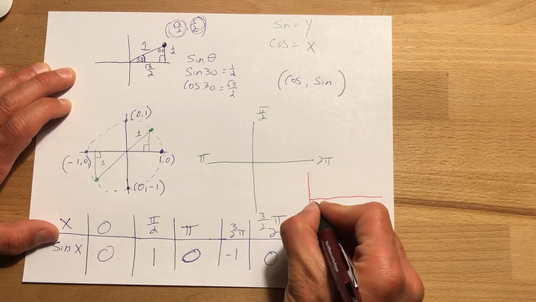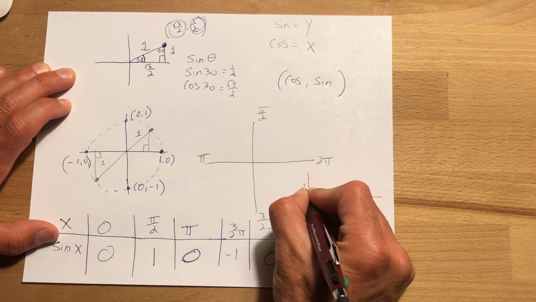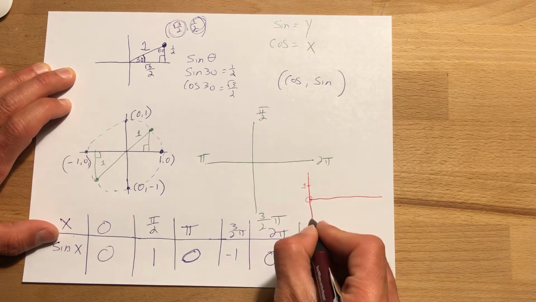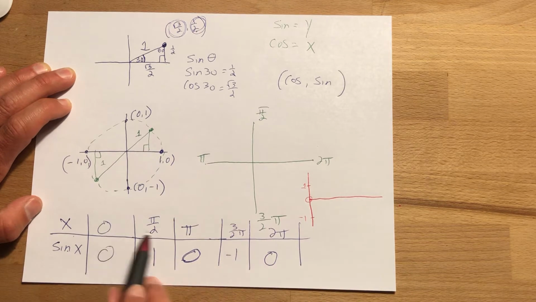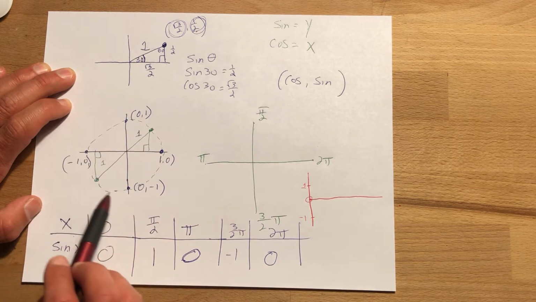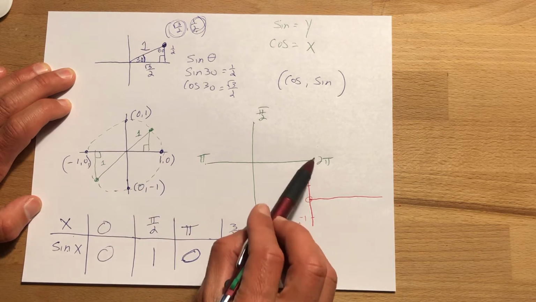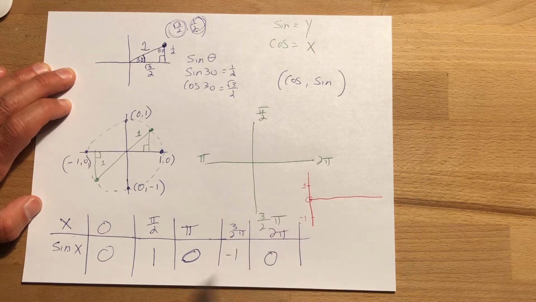So I'm going to say this is 0. This is positive 1 on my y. And this is negative 1 on my y. This is called one full rotation, because wouldn't you agree if I start at 0 and I go one full rotation, I end up back at 2 pi? I've done one full rotation on a unit circle.